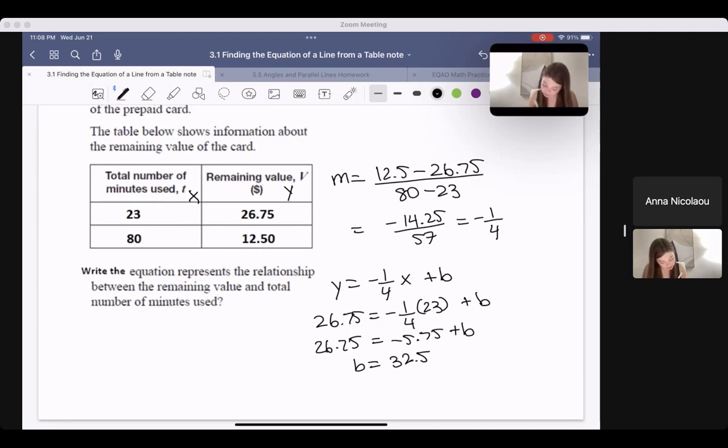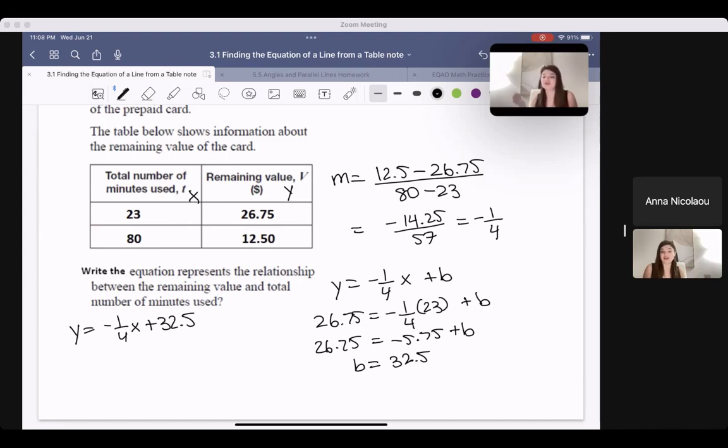Awesome. So therefore, the equation would be y equals negative a quarter x plus 32.5. So it sounds like 32.5 was the total value at the beginning after nothing was used. And then after every minute, it goes down by negative a quarter, or 25 cents, right?